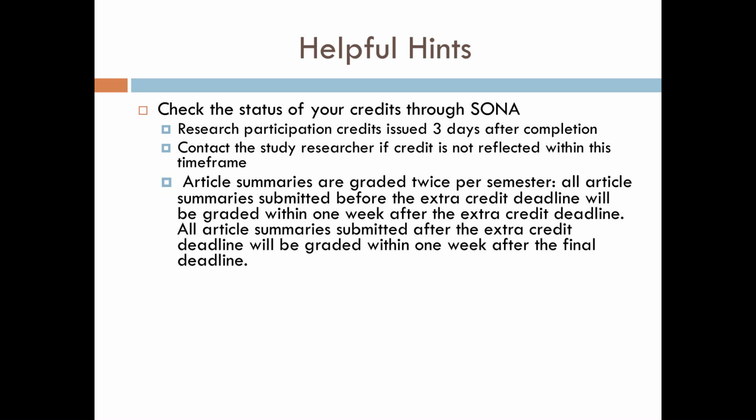Now, in regards to article summaries, those are graded twice per semester. Once shortly after the extra credit deadline, you can expect to see it within 1 week, and then the second time article summaries will be graded within 1 week of the final deadline.